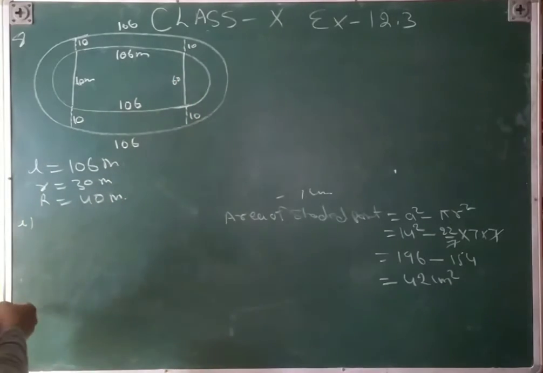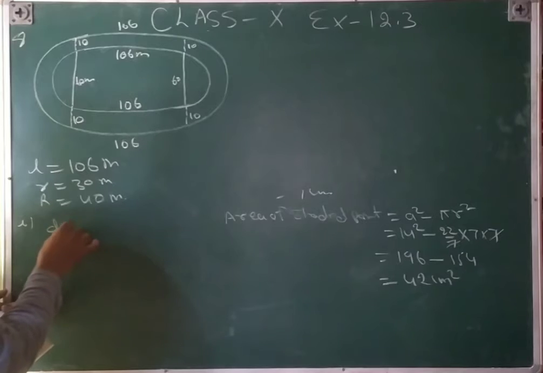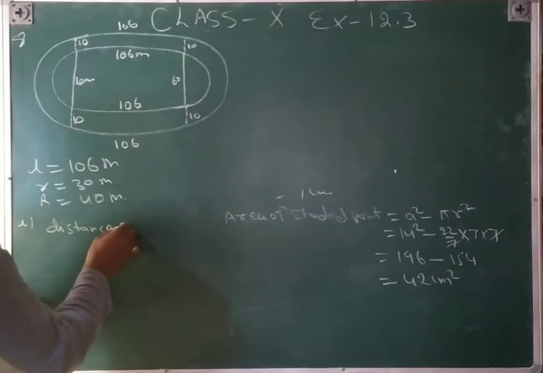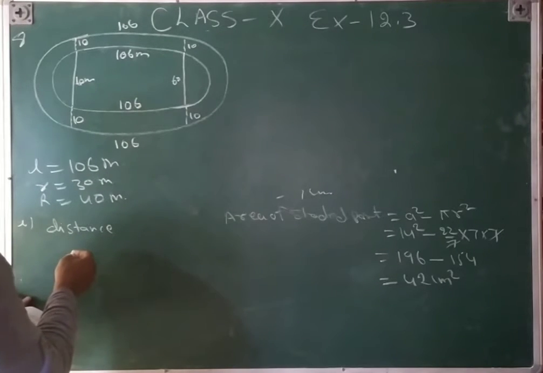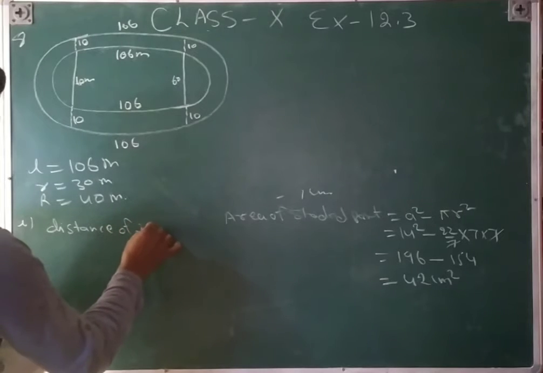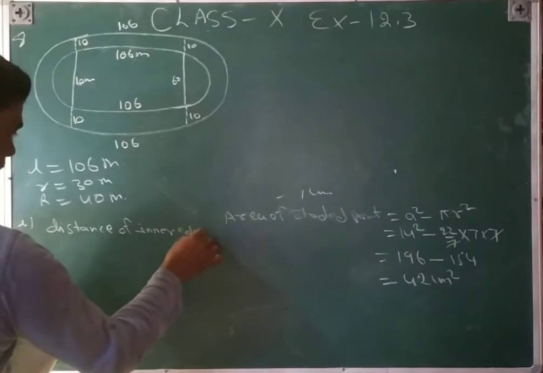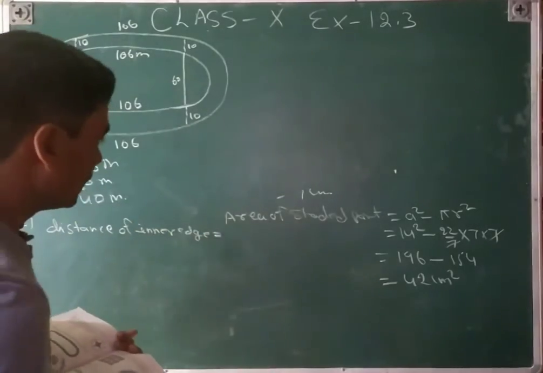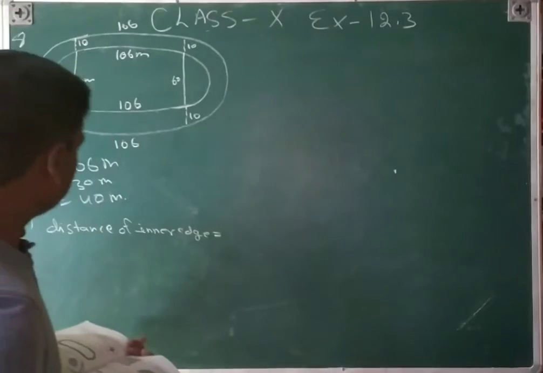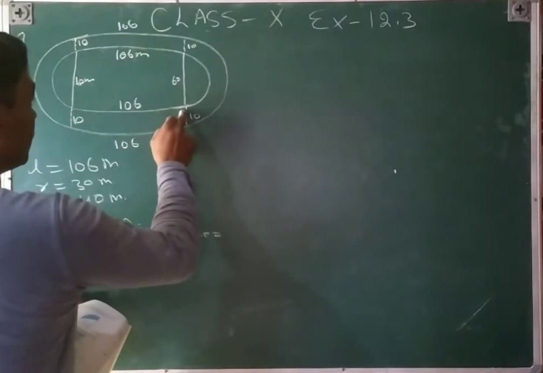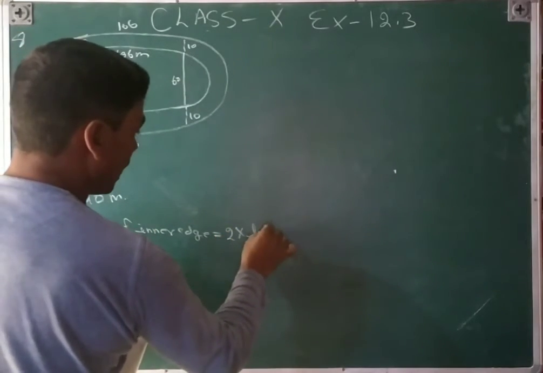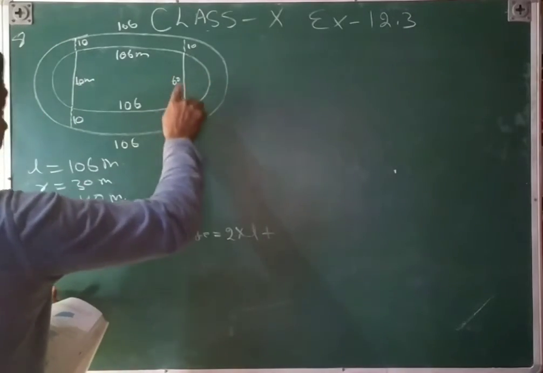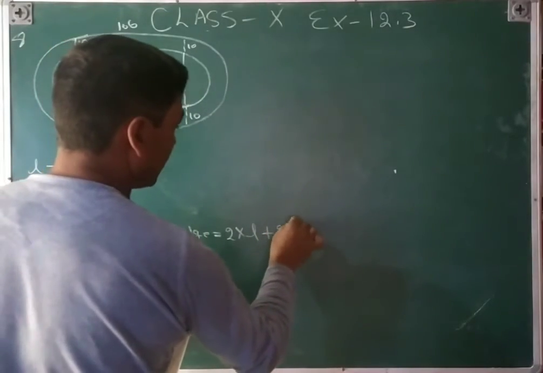So the distance around the track along the inner edge is equal to 2 into L plus circumference of a circle, 2 pi r.